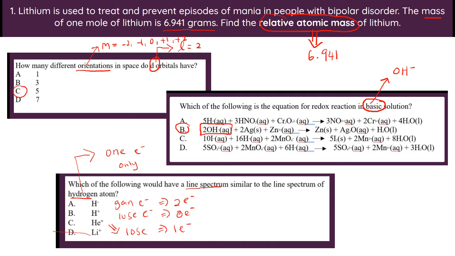Lithium initially contains 3 electrons, so Li plus also loses an electron and has 2 electrons. So in this case, He plus will be the answer.